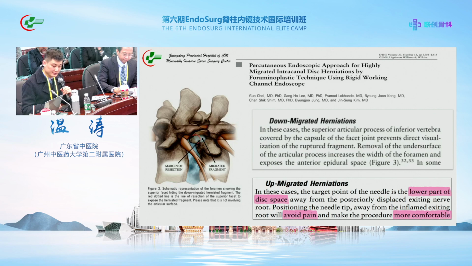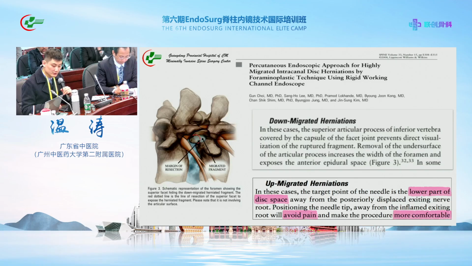And for cranial migration herniation, the puncture point will be positioned at the lower part of the disc to avoid irritating the exiting nerve root, and then gradually shifting the endoscope upwards to explore the cranial migration fragments.